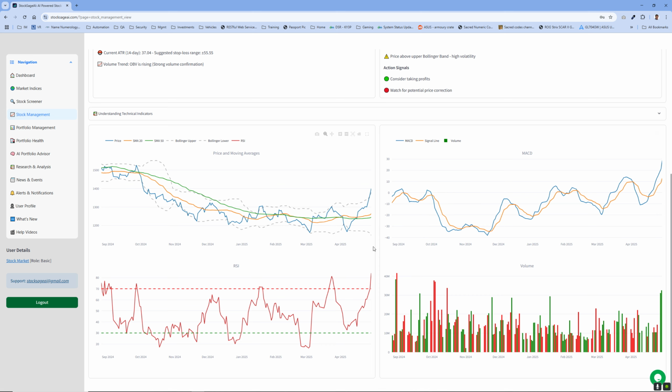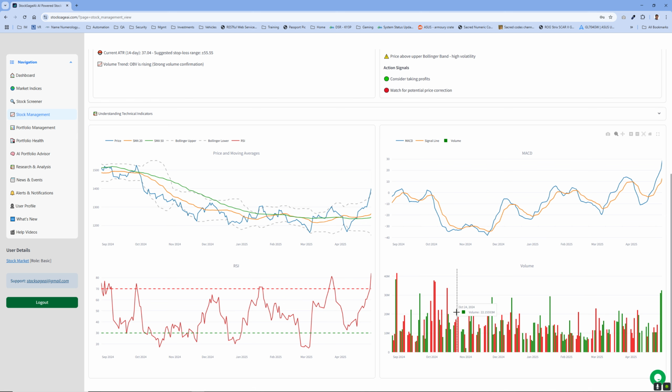Now, similarly, vice versa. For exit point, when price crosses below a key moving average, when RSI enters overbought territory, when MACD crosses below its signal line, and when price approaches resistance with decreasing volume.